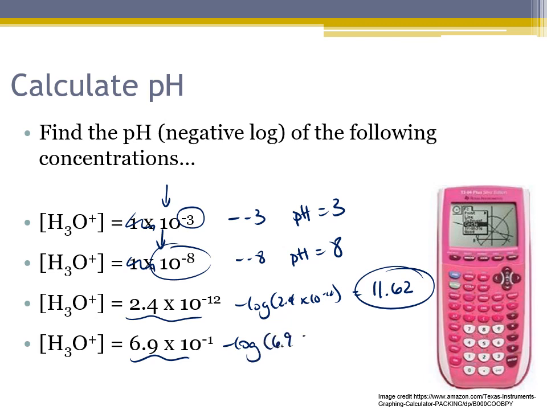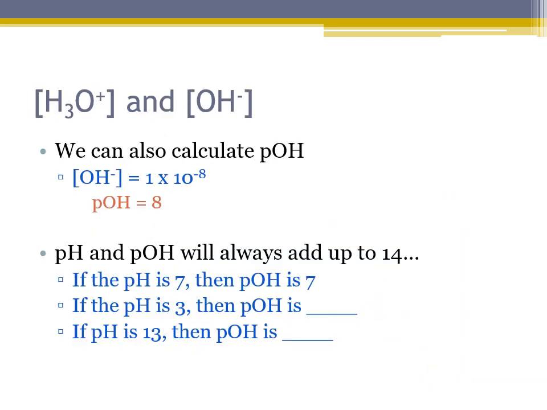Negative log of 6.9 times 10 to the negative 1 is going to give us a pH of, this one's kind of quirky, 0.16. Good?